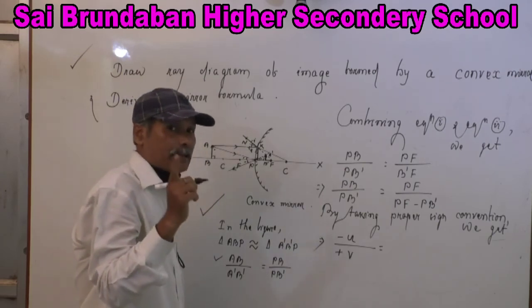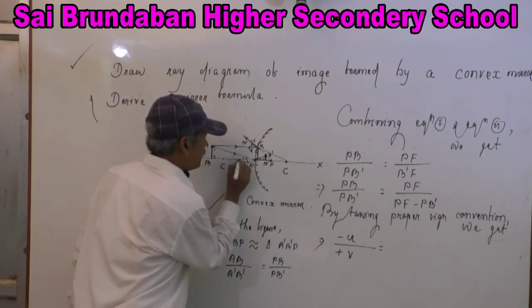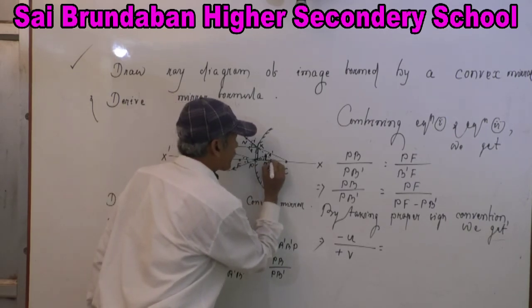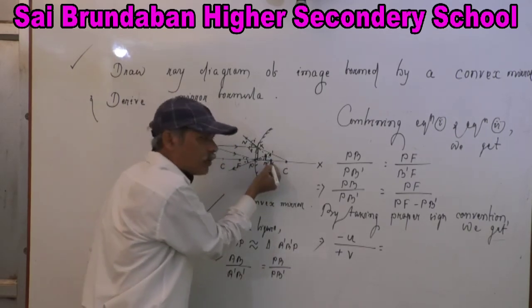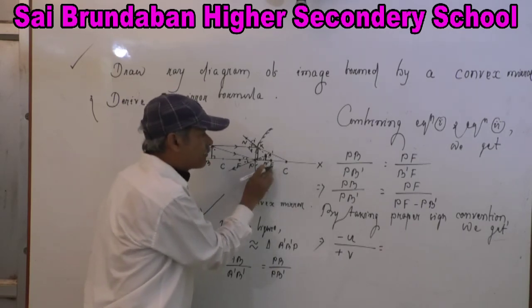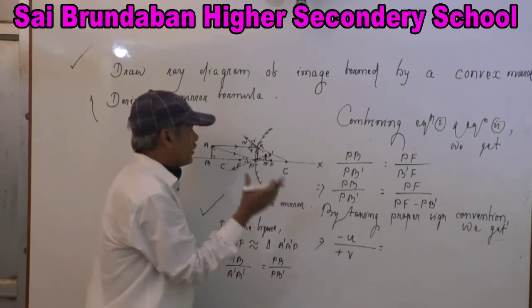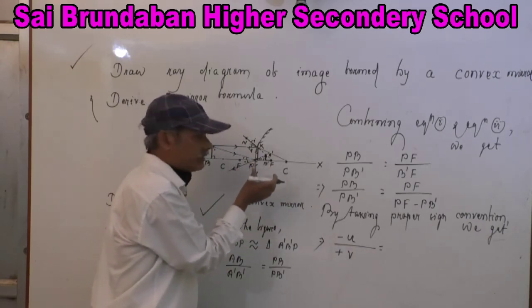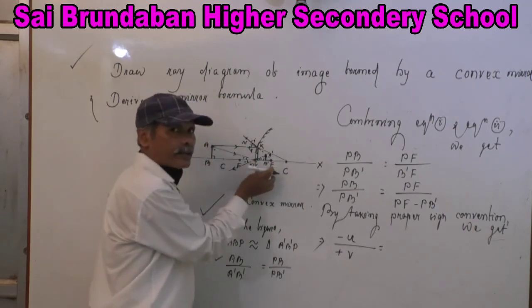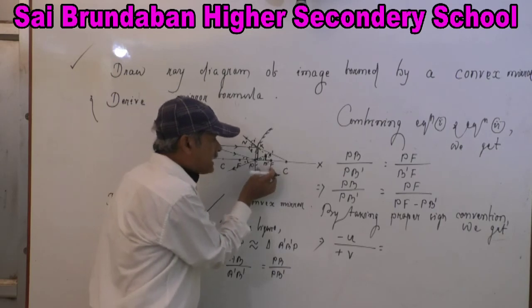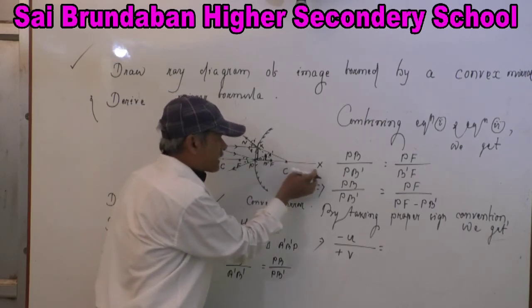I am again repeating. Here is the focus. Here is also a focus, but this focus is active. That's why we have to take the focal length not on this side, but on this side. So now this is the focal length and it is measured on the positive x-axis.